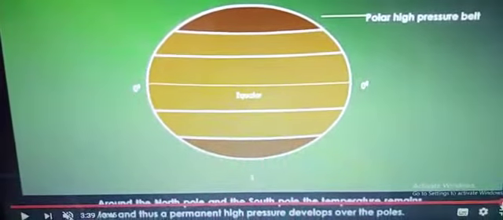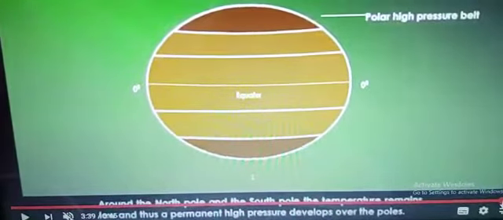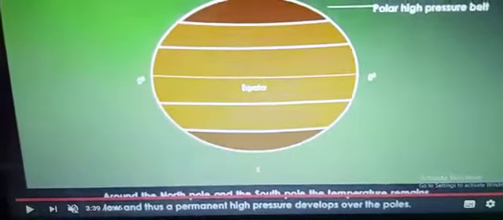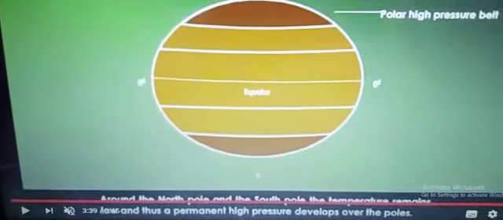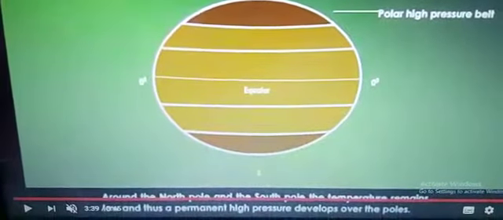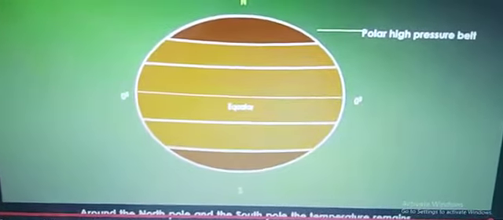So the side toward the sun is having summer, and the part away from the sun is having winter, because it receives very little heat from the sun.